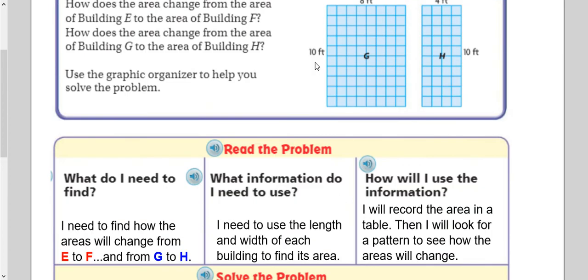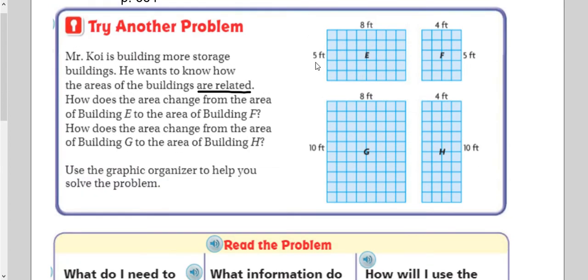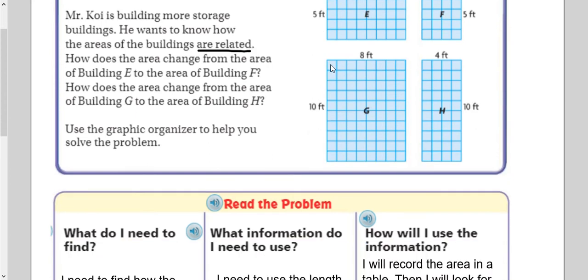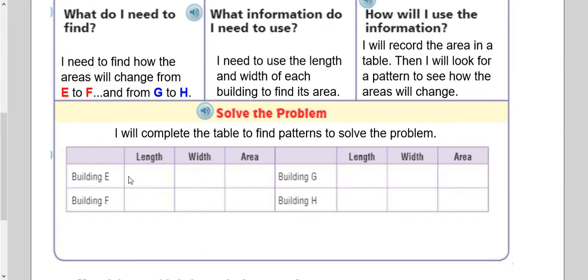So building E, when we looked up here, we have a length of 5 and width of 8. Okay, so 5 by 8. So right here, it was 5 foot. And right here, we had 8 foot.